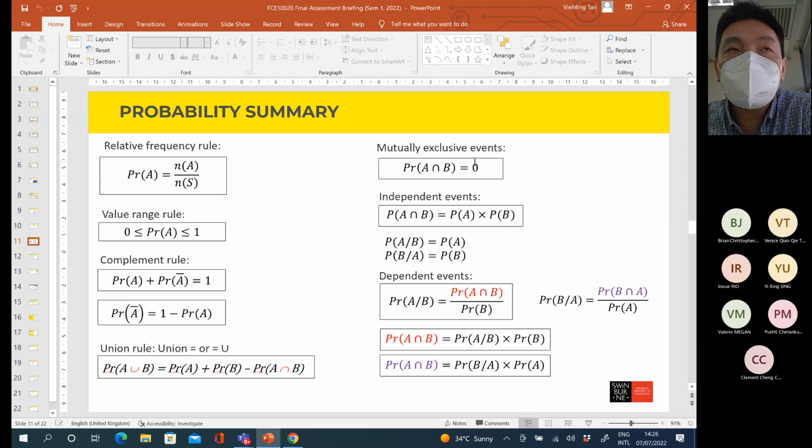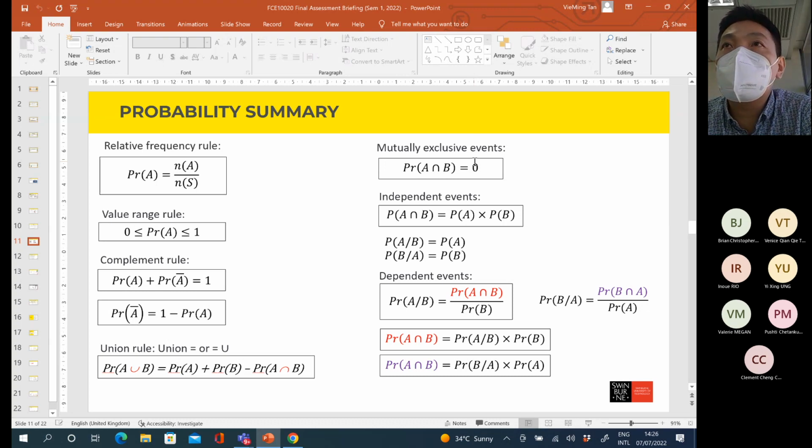You may ask, in real life, are there any mutually exclusive events that cannot happen at the same time? The example can be swimming and attempting an online exam.